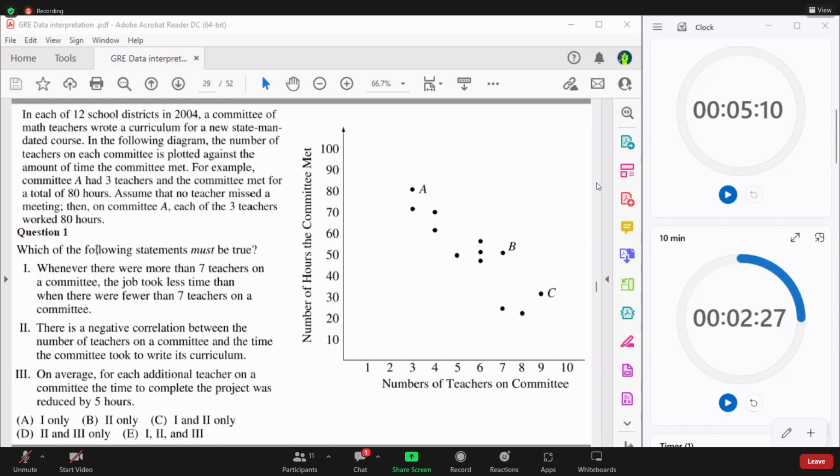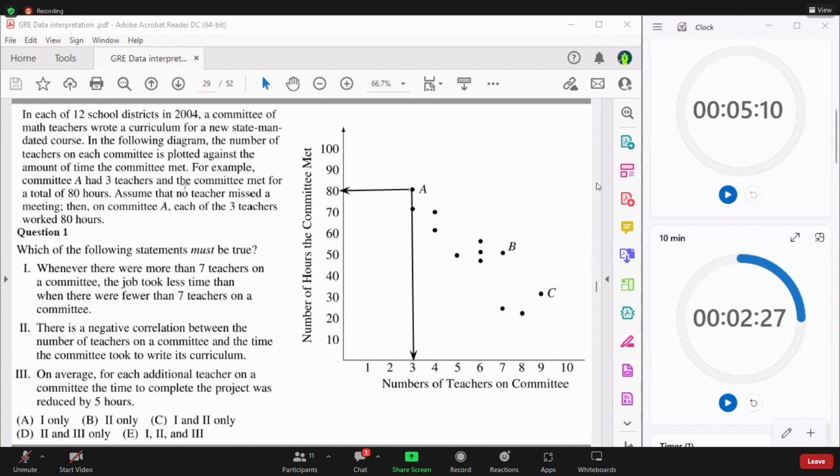So first of all, in each of 12 school districts in 2004, a committee of math teachers wrote a curriculum for a new state mandated course. In the following diagram, the number of teachers on each committee is plotted against the amount of time the committee met. For example, committee A had 3 teachers and met for 80 hours.